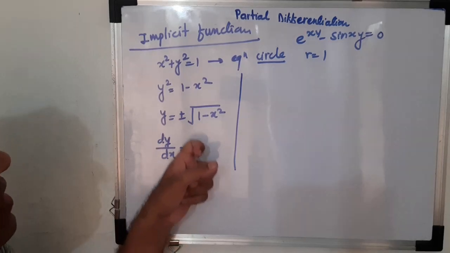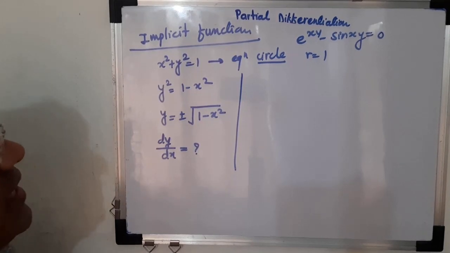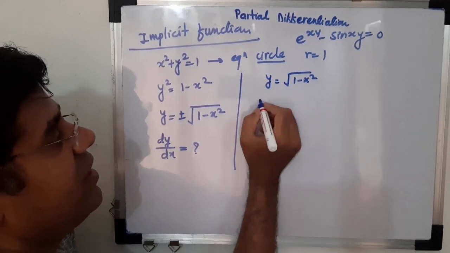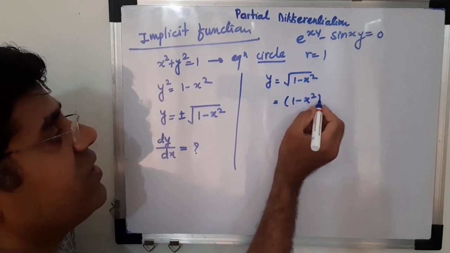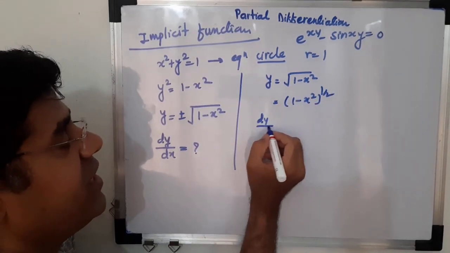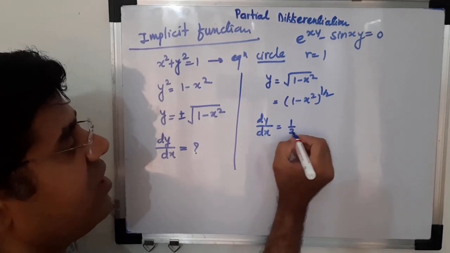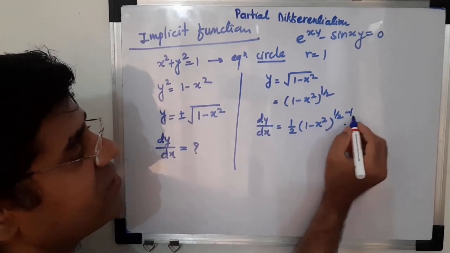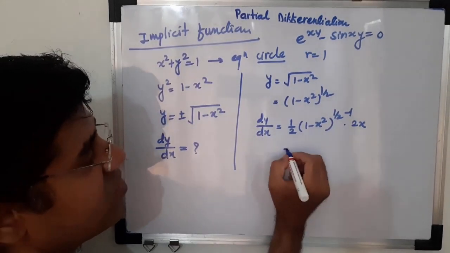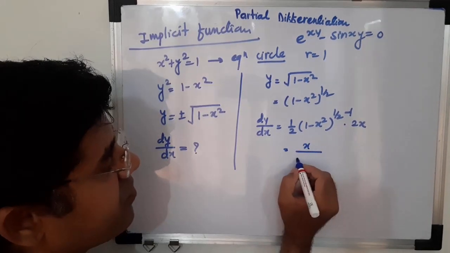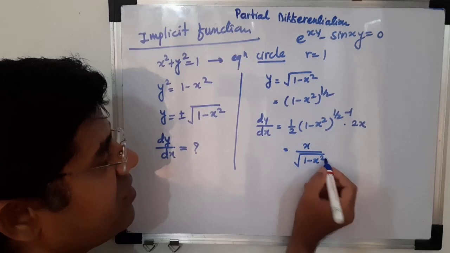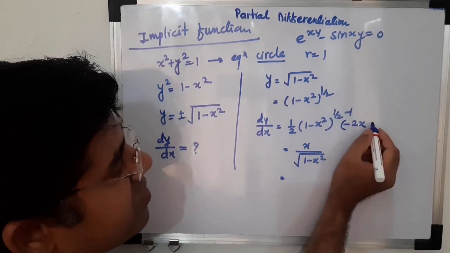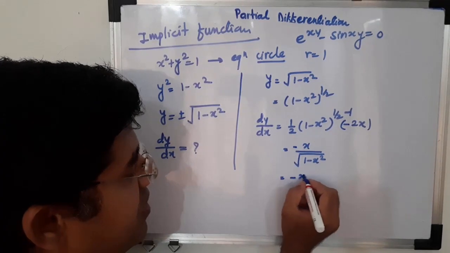First take the positive root, 1 minus x square raised to half. Then dy by dx is half times 1 minus x square raised to half minus 1, into the derivative of this term, which is minus twice x. The 2 gets cancelled, so you get minus x upon under root of 1 minus x square, and that is nothing but y. So dy by dx is minus x upon y.